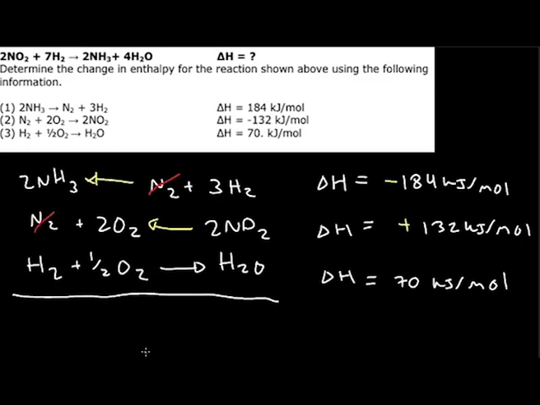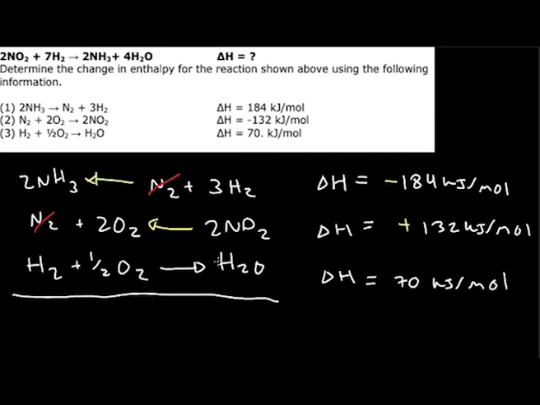And finally, we can see that we do not have any oxygen in our equation, so we need to find a way to cancel out these two oxygens. We already see they're on opposite sides of the equation. This oxygen is on the product side, and this oxygen is on the reactant side. But this has a coefficient of 2, and this has a coefficient of 1/2. So we can multiply this whole equation by 4.